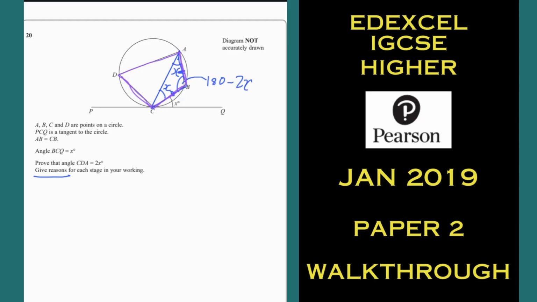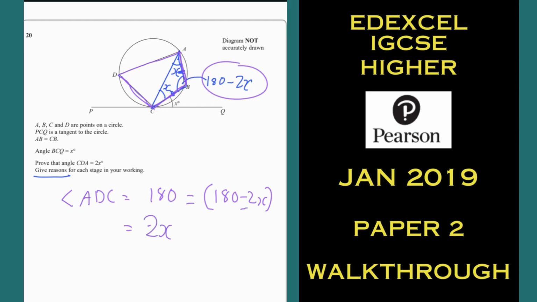So in other words, we can say that angle ADC is 180, take away this angle we've got here. And look what happens, folks. The 180 take away 180 both disappear, and you've got minus 2X. Proof done.